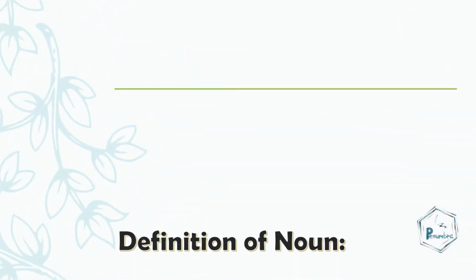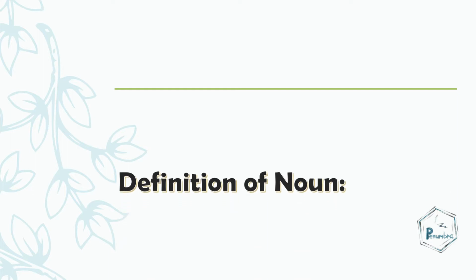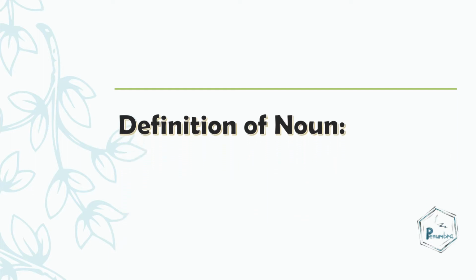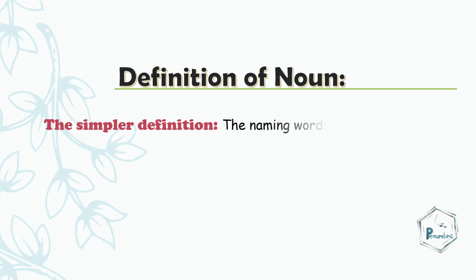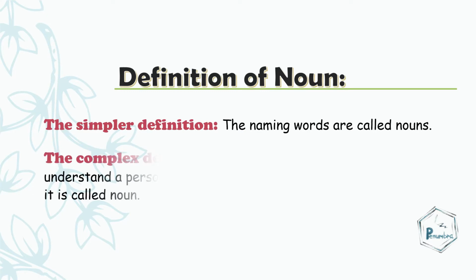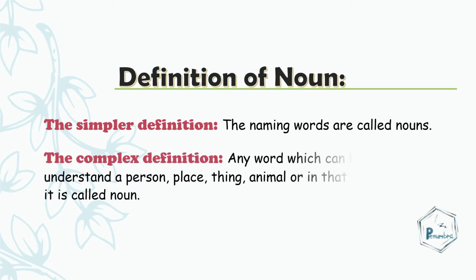Moving on to the definition of noun, we have a simpler definition and a relatively complex one. Beginning with the simpler one, we can say that naming words are nouns. Anything you see around you is a noun. Your phone, your Wi-Fi device, the headphone, the chair on which you are sitting, or maybe the table on which your laptop is placed.